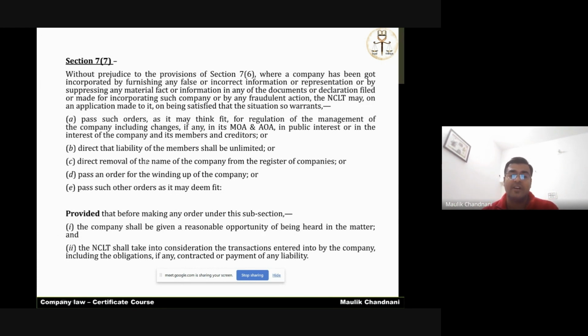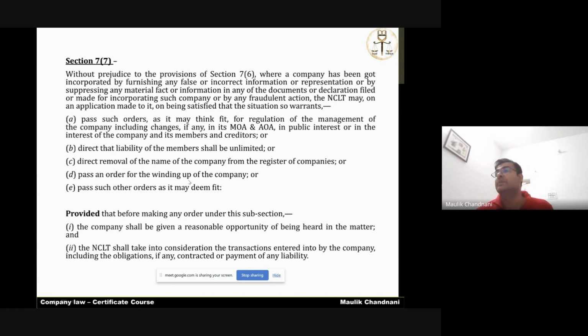They can pass an order that all the members' liability shall be unlimited because you are conducting fraudulent affairs under the company. Or they can straight away direct the ROC to strike off your name, to remove your name from the register of companies maintained with the ROC. Of course, they can alternatively pass an order of winding up of the company.